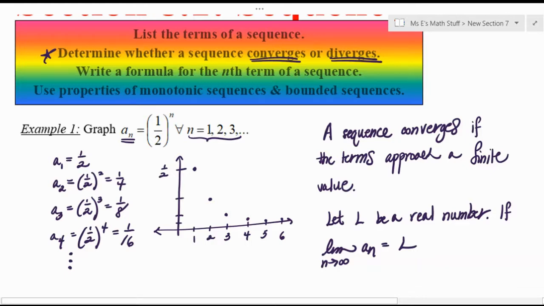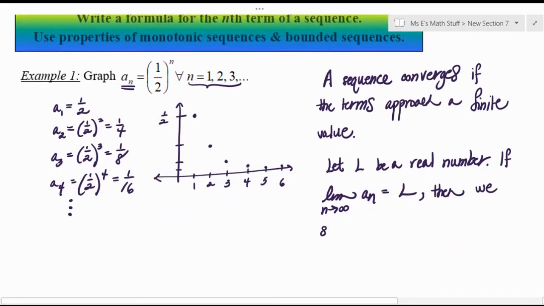So the L value in this example would be 0, which is real and finite. Anyway, if that's true, then we say the sequence converges to L.